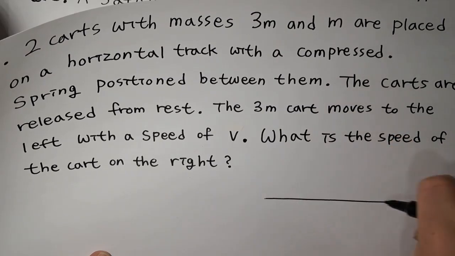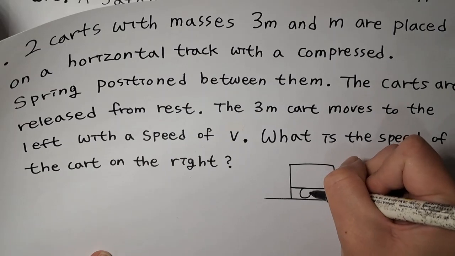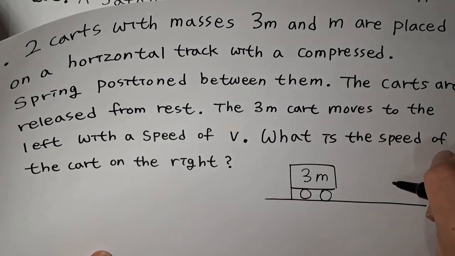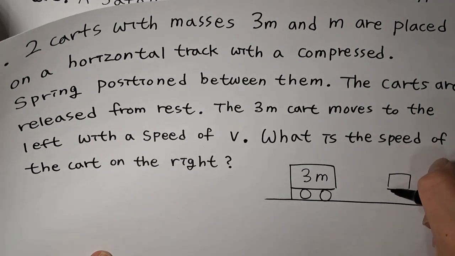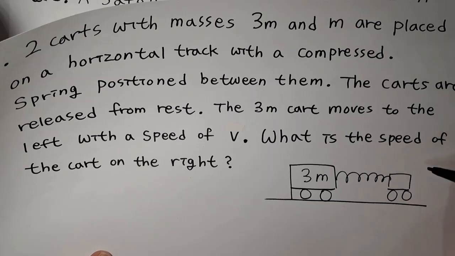So there are two carts, and one of them has mass of 3m, and the other has mass m, and they are connected with a spring.